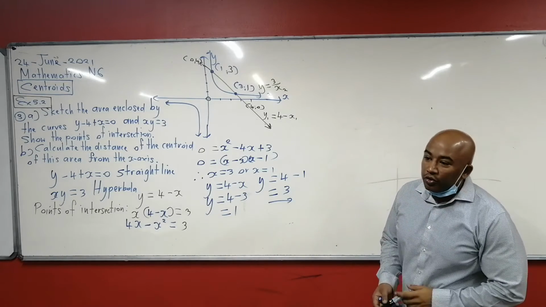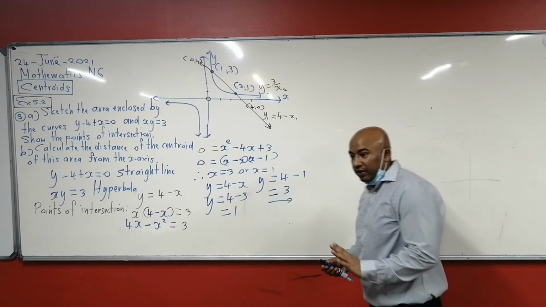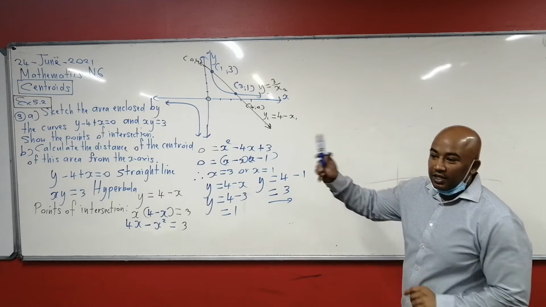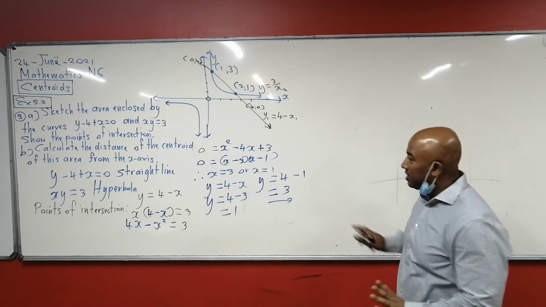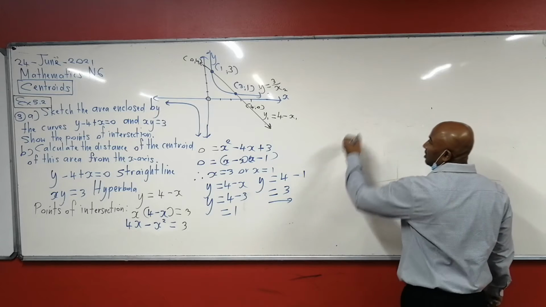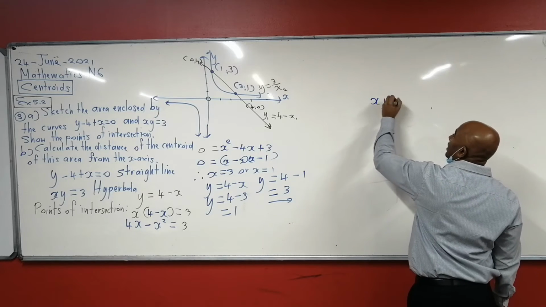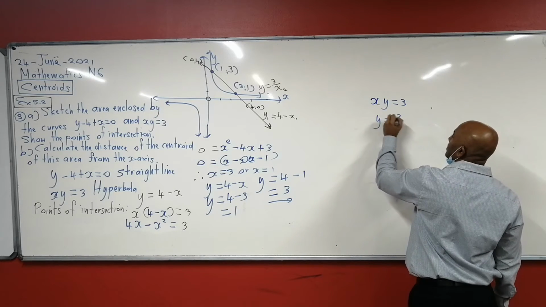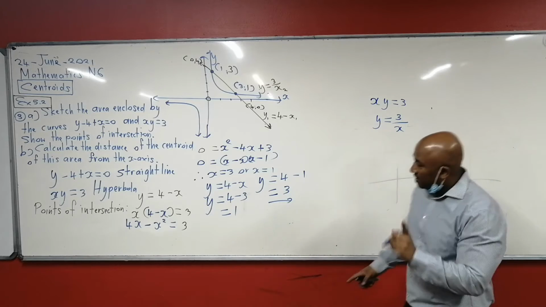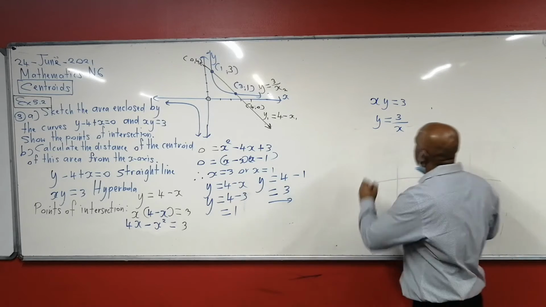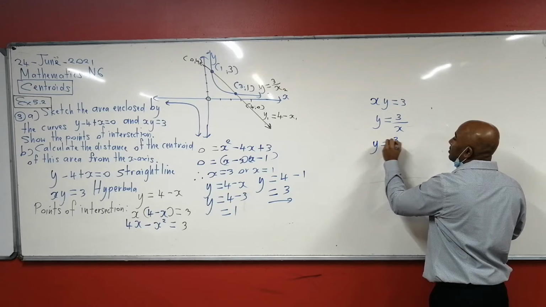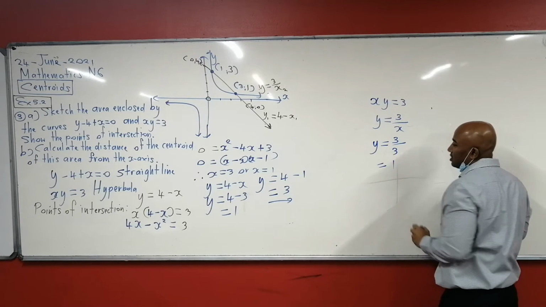Now just to make sure that these points of intersection are correct, you must test out the other equation, just in case this is wrong. So let's test it out. We know that xy is equal to 3, y is equal to 3 over x. Let's test out when x is equal to 3. So y is equal to 3 over 3, which is 1.